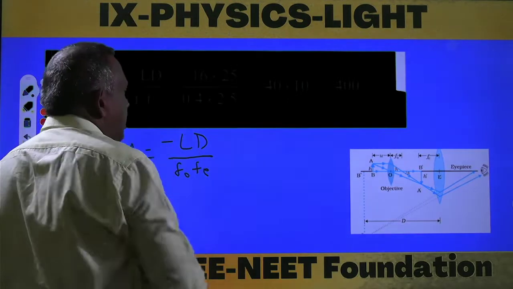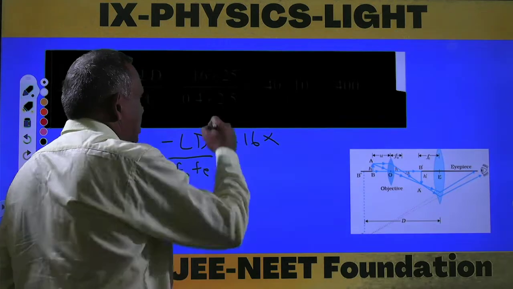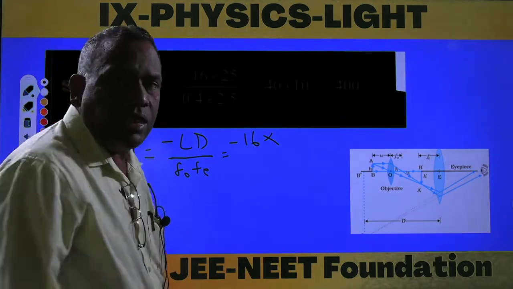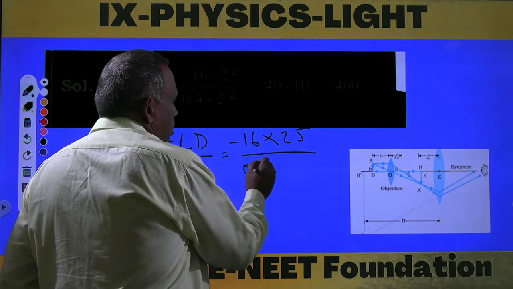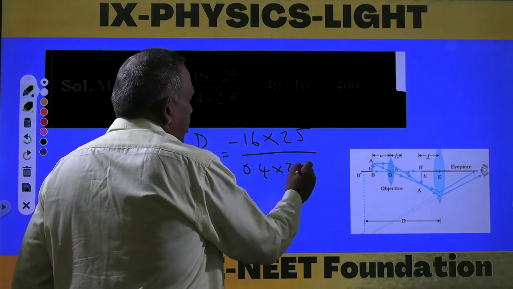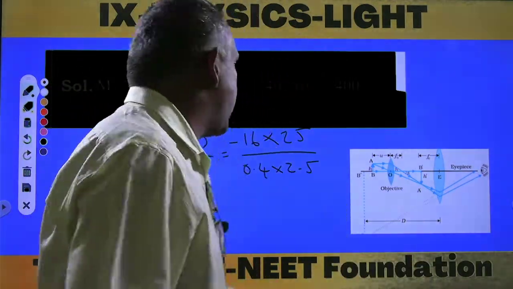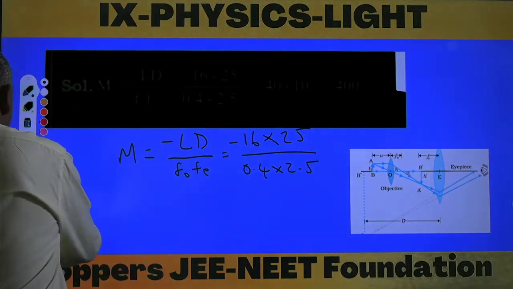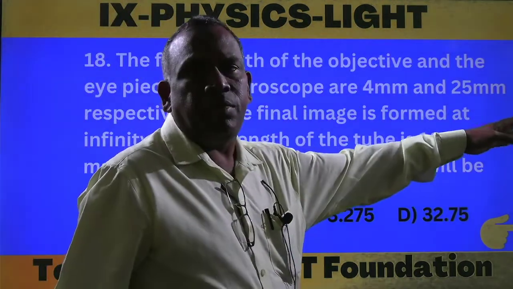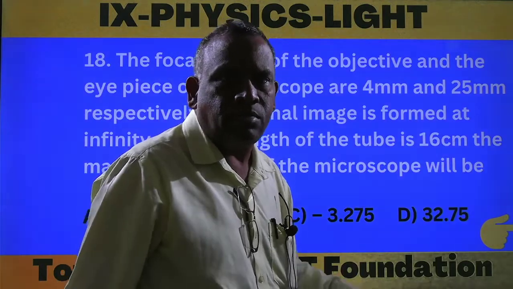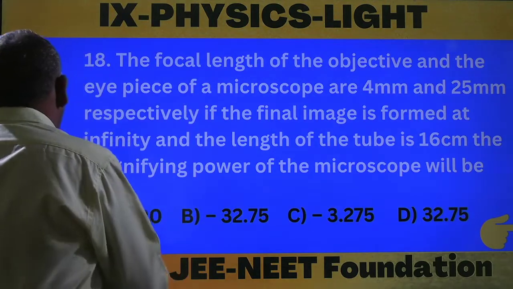L is the length of the tube, here 16, into the least distance of vision, 25. The focal lengths are given as 4 mm and 25 mm. If you convert into centimeters, they are 0.4 and 2.5. That's why it is taken like that.